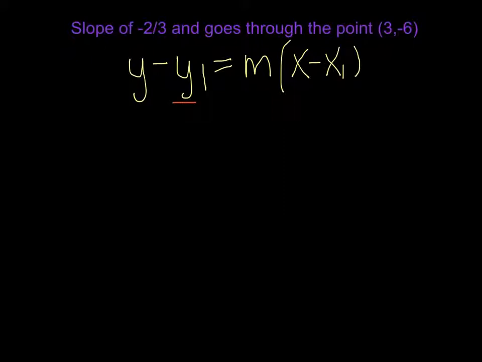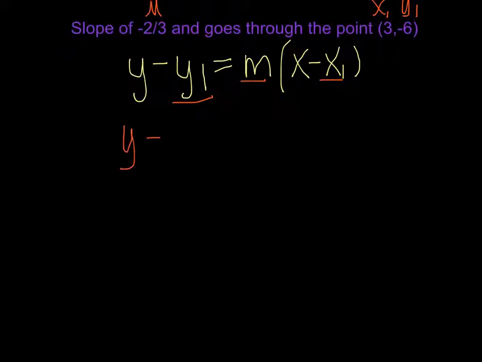We are going to replace y1, m, and x1 with the information that we're given in this example. Our negative 2/3 is our m, which is our slope, and then our point x1 and y1 are 3, negative 6. So let's write the equation now with the information that we're given.